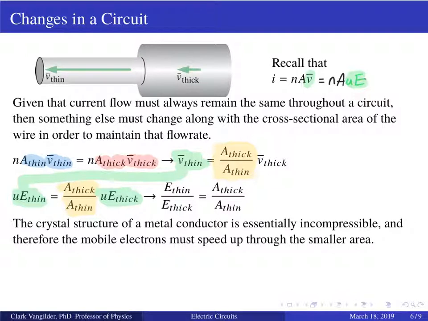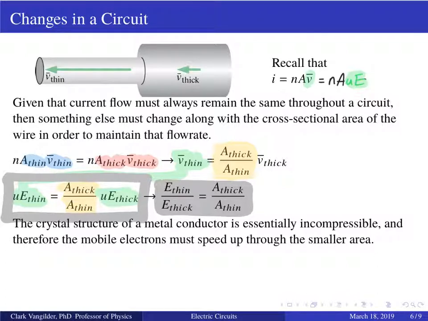And so now we're changing our viewpoint from a speed conversion ratio in terms of area to now an electric field ratio to area ratio. Okay? So we're able to get how the electric fields in these regions are going to be related.